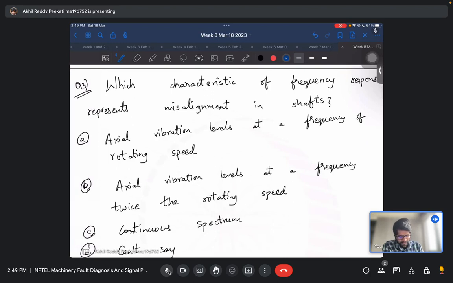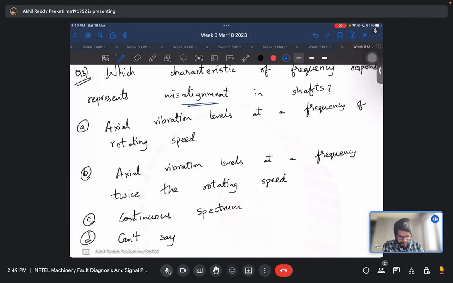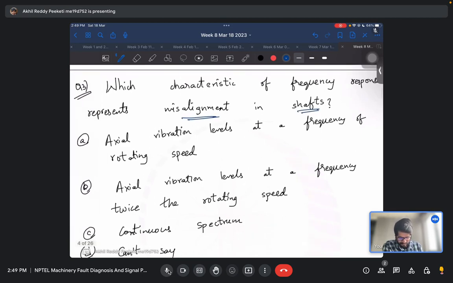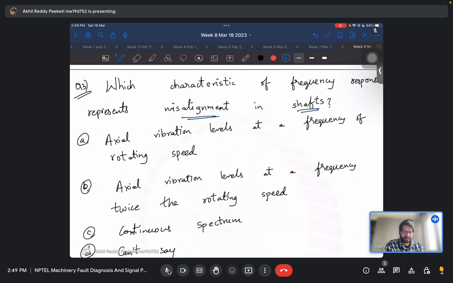Which characteristic of the frequency response represents misalignment in shafts? As we discussed in the previous weeks, you get the vibration signals and then you perform FFTs on the signals. How will the FFT look if there is a misalignment fault in the shafts?